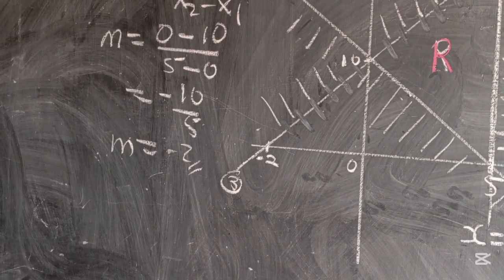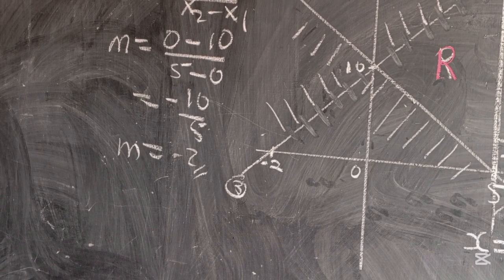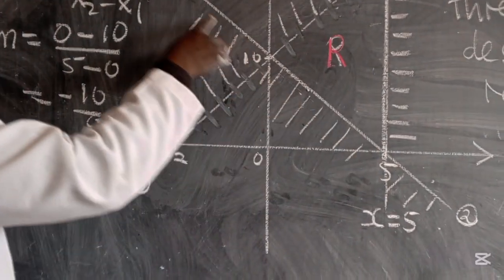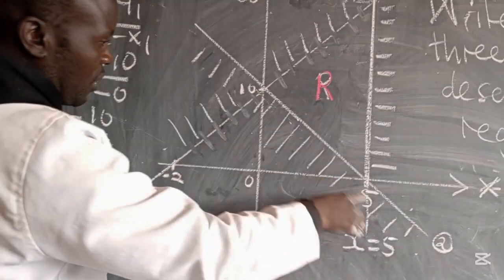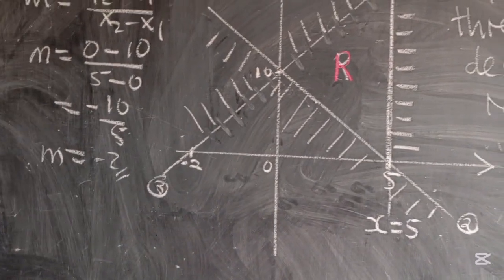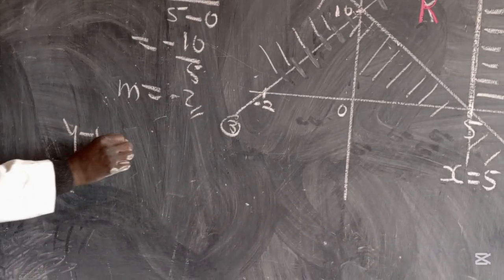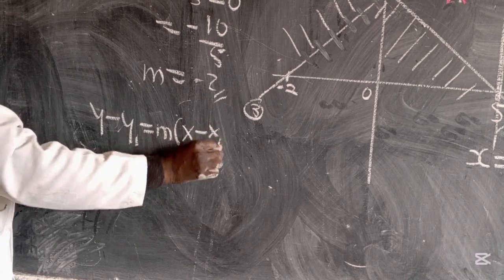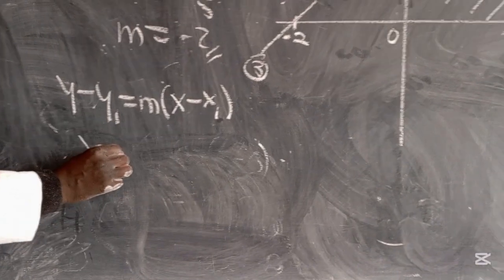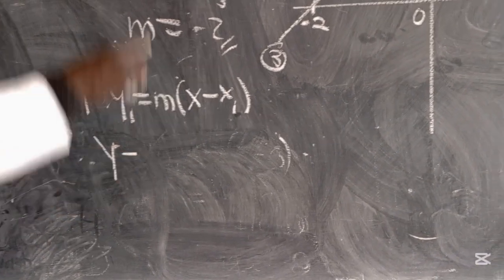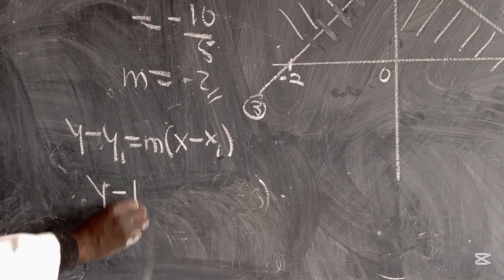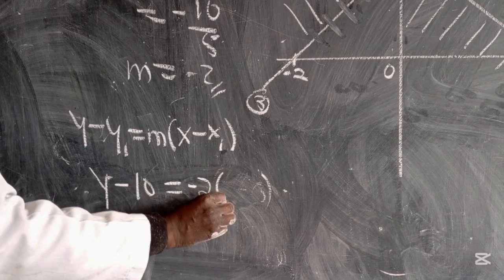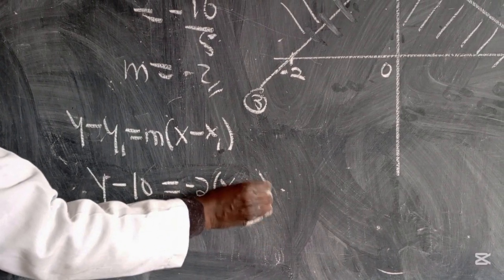So ladies and gentlemen, we have found our m. Now if you continue, you say I'm looking for the equation. Before I go for the inequality or describing this part, I will go for the equation. The equation states that y minus y1 equals m bracket x minus x1. My y1 is 10, sorry, my gradient m is negative 2, x minus 0.